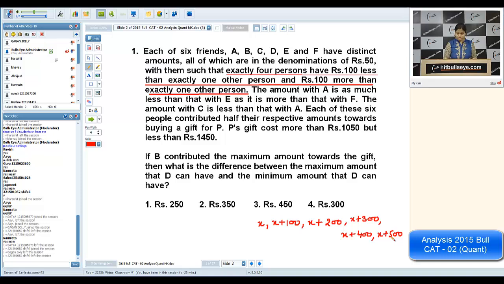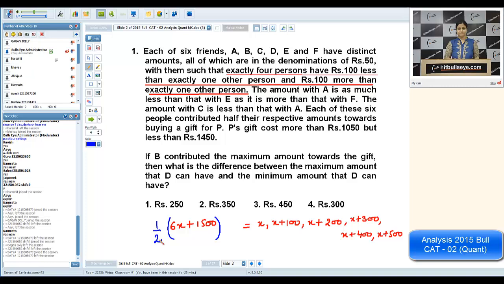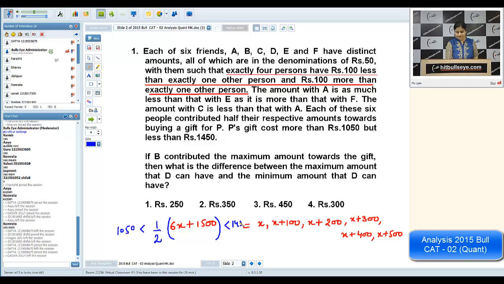If I take the total, the total amount comes out to be 6X plus 1500. And it is saying that all of them are contributing half of their respective amount, so I'm taking half of the total amount. That is the cost of the gift. And it is also given that the cost of the gift is more than 1050 but less than 1450. Is it okay, Namrita and Ayu?